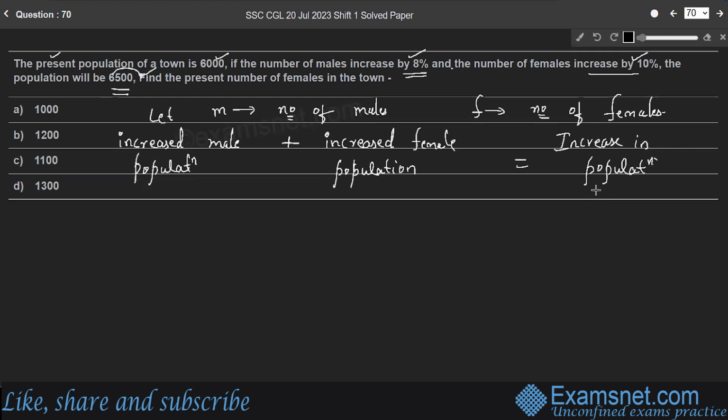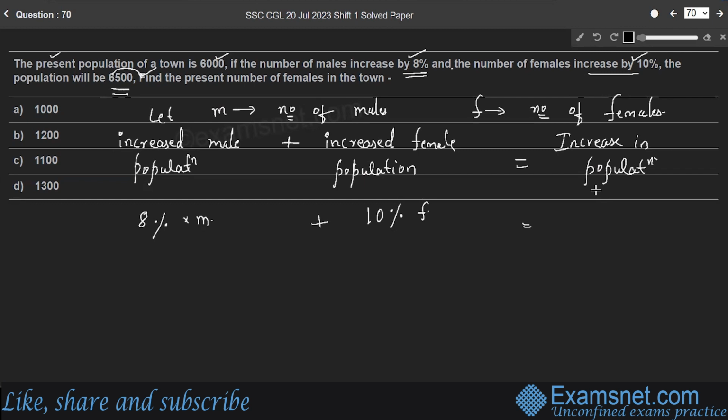So the increased male population is 8% of the number of males. Here M is the number of males. So 8% of the number of males in the town, right? Plus the increased female population is 10% of the number of females, right?